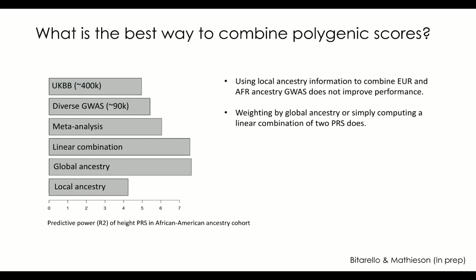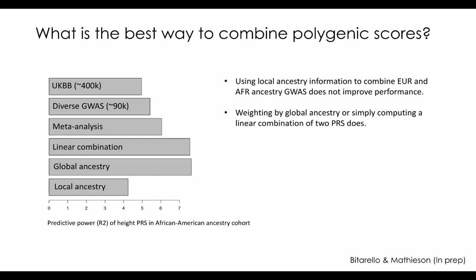The question is, how could we combine these two to improve prediction in admixed populations? What we find is that if we use local ancestry information, so you use the European effect size in regions of European ancestry and vice versa, that doesn't do very well. In fact, that does worse than using either of the GWAS on their own.